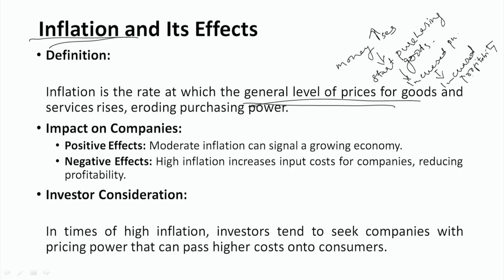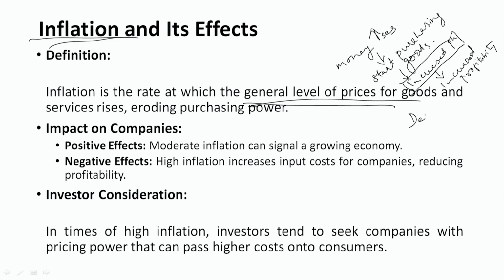So this is good if everything happens like this, but there can be a negative point within the whole thing. The money flow increases, and the individuals start purchasing more goods. But if the production level cannot be increased, then what will happen?